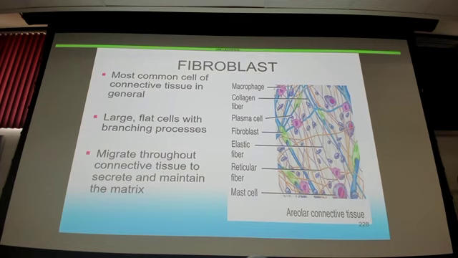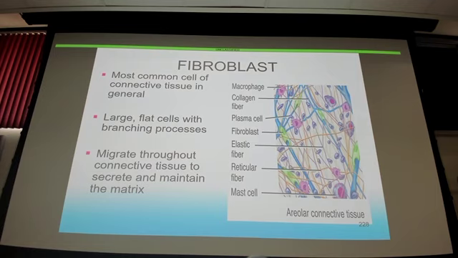Connective tissue's quality is dependent upon the extracellular matrix and also the fibers. There are different types of fibers: strong fibers, a little bit weaker fibers, and then elastic fibers we're going to talk about. But fibroblasts secrete these. Fibroblasts are the most common connective tissue cell. You do not need to label these caricature-looking book pictures for these tissue types.